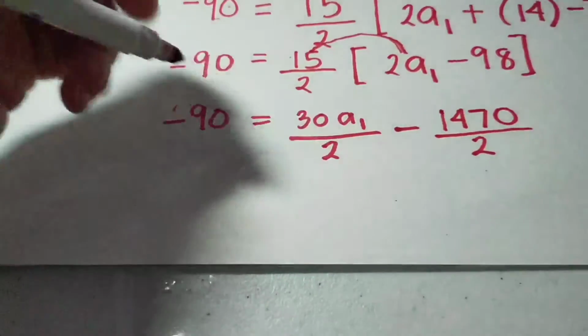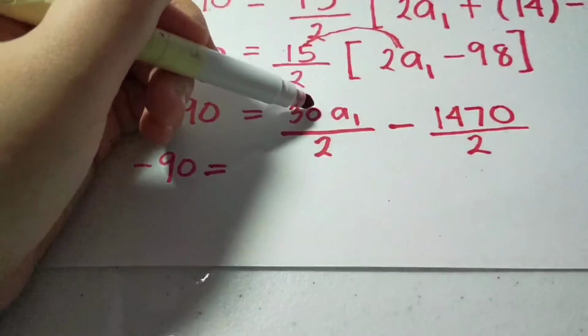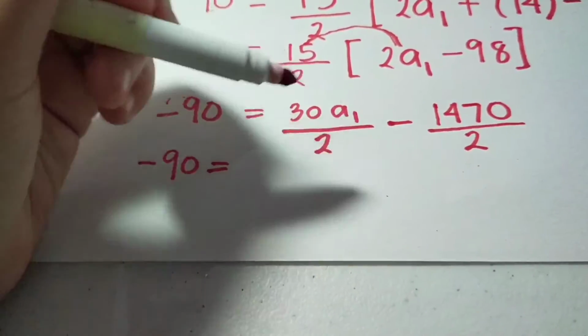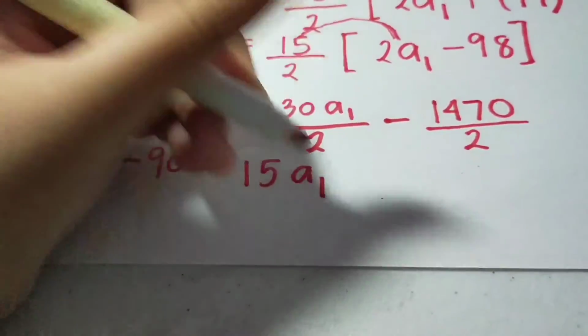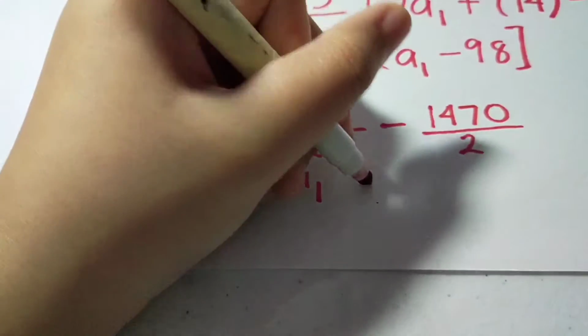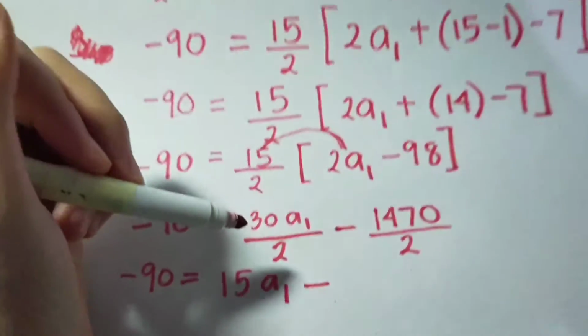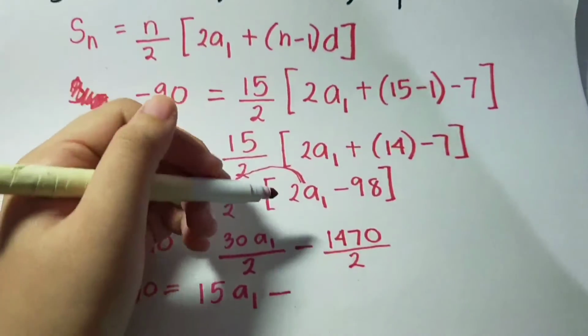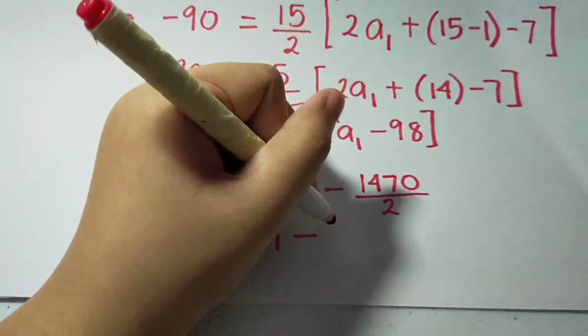And negative 90 is equals to 30 a sub 1 over 2 is equals to 15 a sub 1 minus 1,470 divided by 2 is equals to 735.